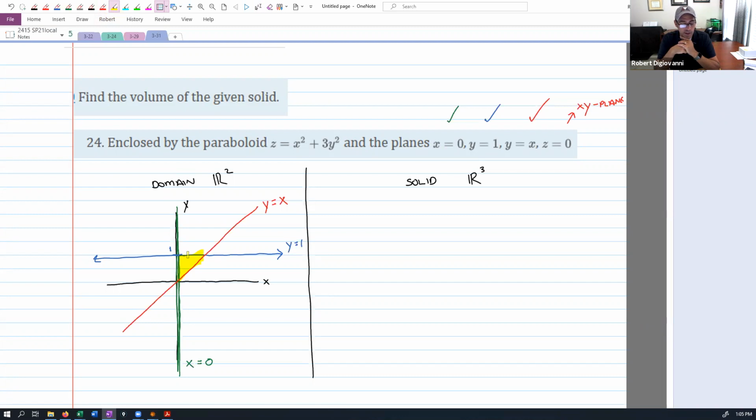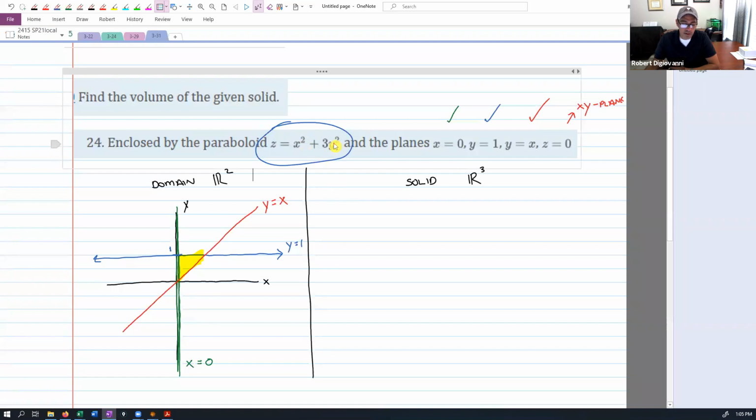Okay, now we need to see what does this thing look like? We need three-dimensional space to visualize that paraboloid. And this goes back to when we talked about quadratic surfaces, way back in chapter 10. If you have X squared, Y squared, Z isn't squared, and an addition sign between them, hopefully you're comfortable with the idea that this looks like a bowl, like a parabola that opens up.